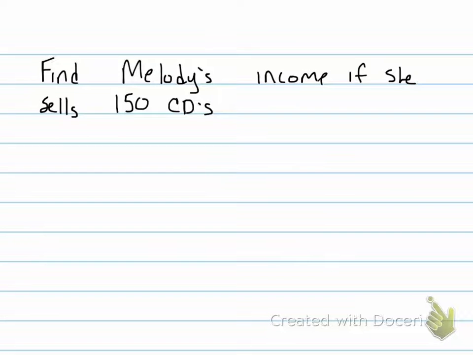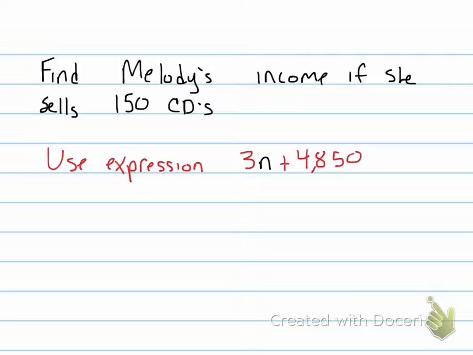So find Melody's income if she sells 150 CDs. So we're going to use our expression. So let's use this expression, 3n plus 4,850. That's how we're going to solve this. So n equals 150.